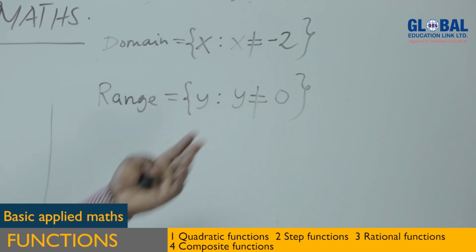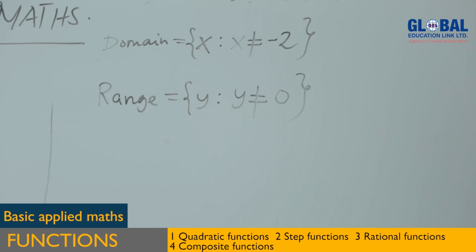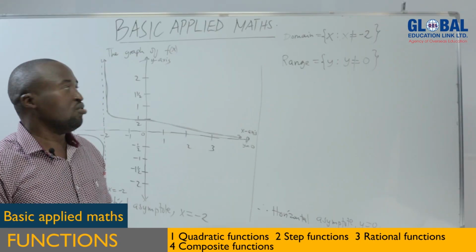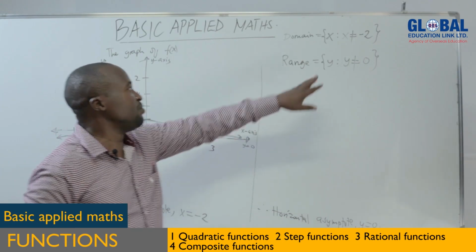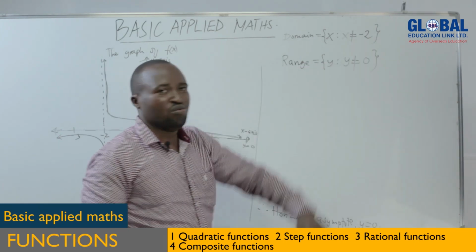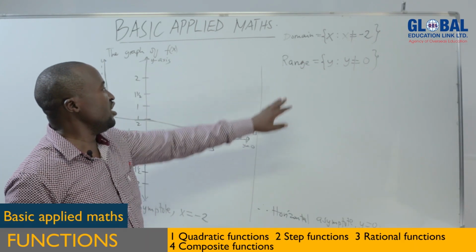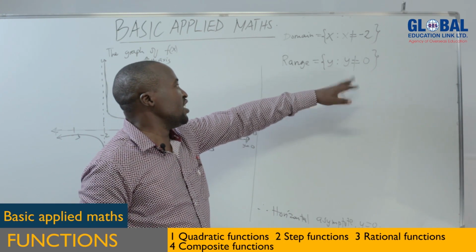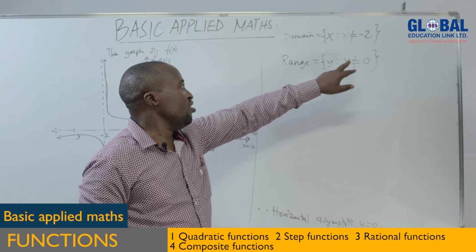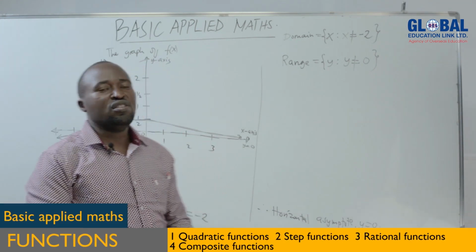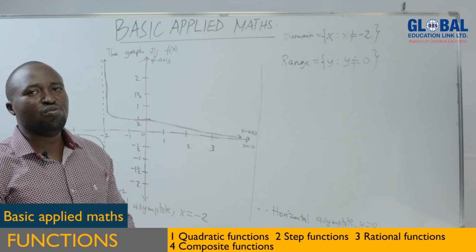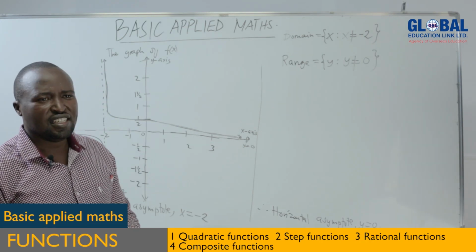So 0 is not included in the range. So the domain will be all real numbers except -2, and for the range, all values except y is equal to 0. So that is how to find the domain and the range.